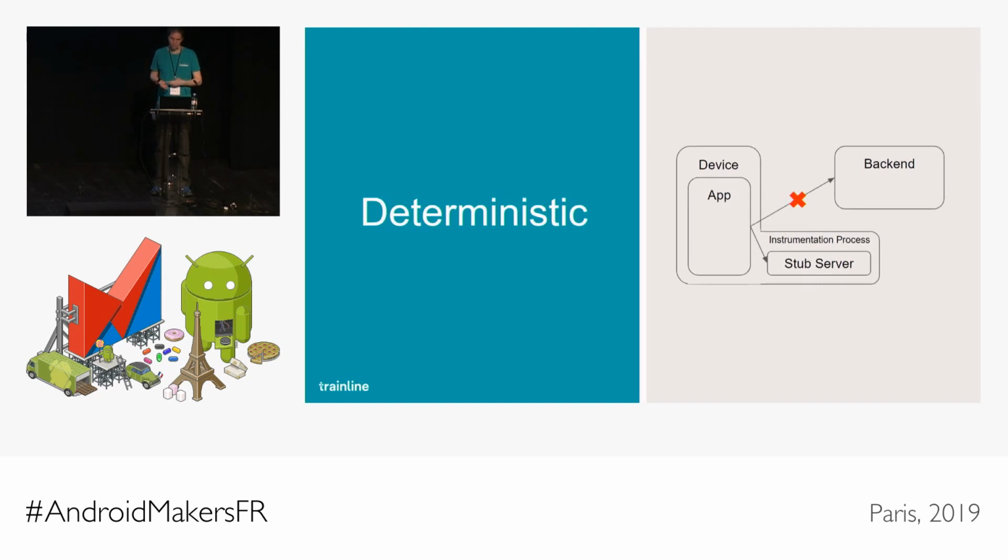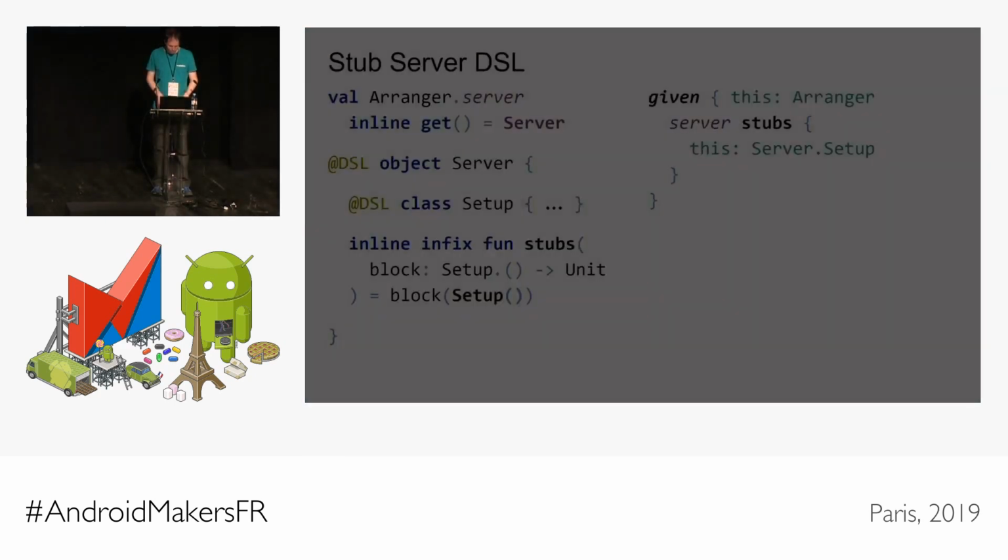We don't know what we will get when we do a search result for a specific date. So we cut that off, and we rerouted the app to use a stub server inside the instrumentation process, so it's running on the device, and we have full control over what it will return to us. And I will show next how we set up the DSL for this.